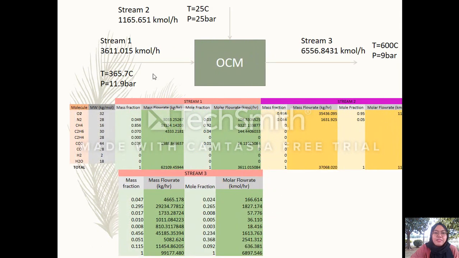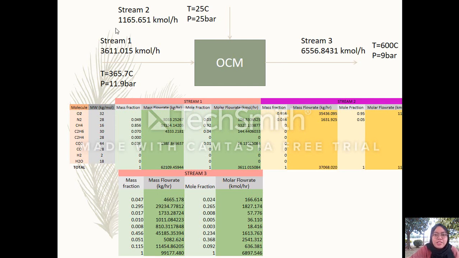The OCM reactor is the first reactor. Stream 1 is basically the natural gas. The molar flow rate in is 3,611, and we will get the product of 500,000 tons per year of ethylene at the end of the whole process.